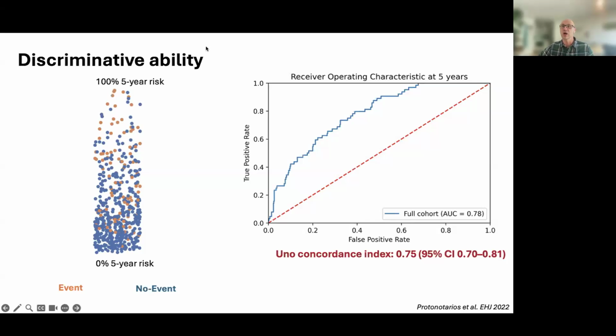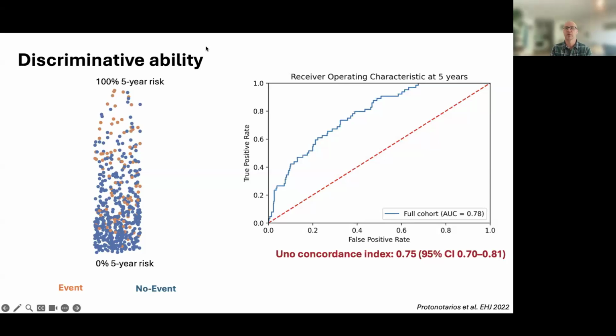If I achieve that every time for every pairwise combination of all the patients in my sample, then I get a C index of 1. If my prediction is the same as tossing a coin, then I get a C of about 0.5.